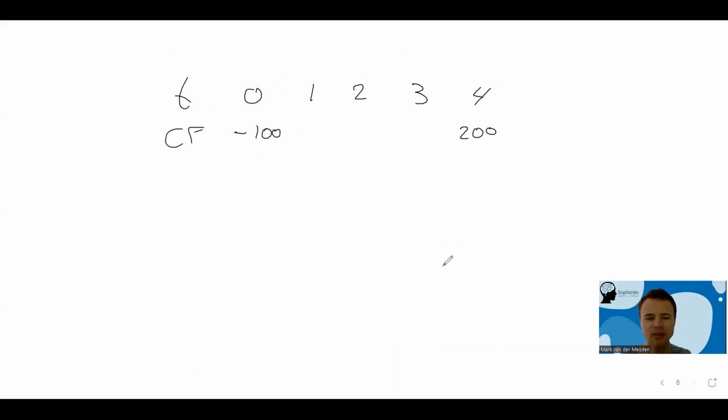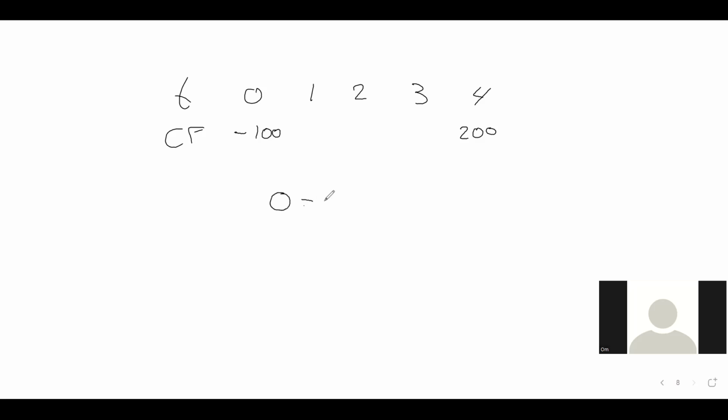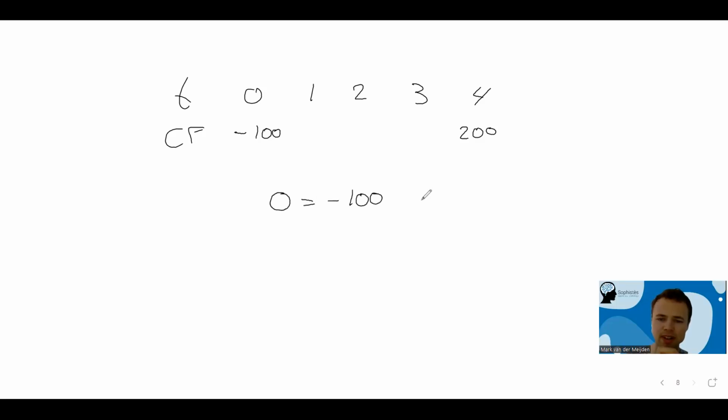How would you find this IRR? You have to equate it to 0, I'm assuming again. So 0 minus 100, plus 200 divided by 1 plus IRR, with the power of 4.